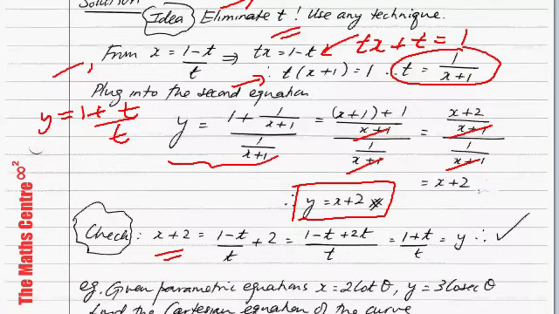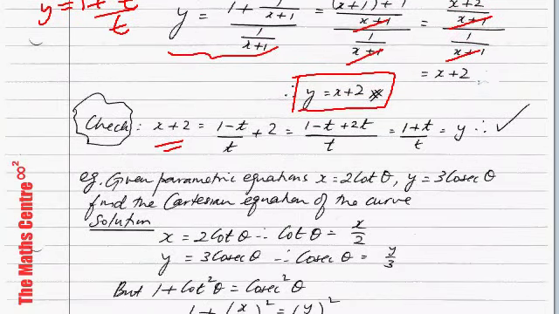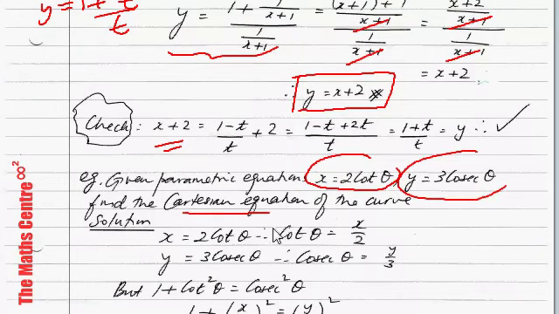Now let's look at the next example. Let's read the question. Given parametric equations, x equals 2 cotangent theta and y equals 3 cosecant theta, we are asked to find the Cartesian equation of the curve.